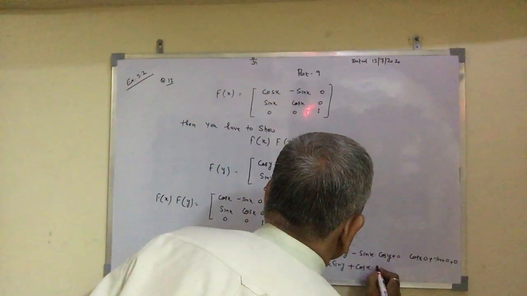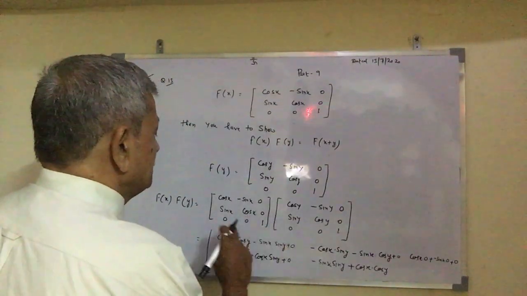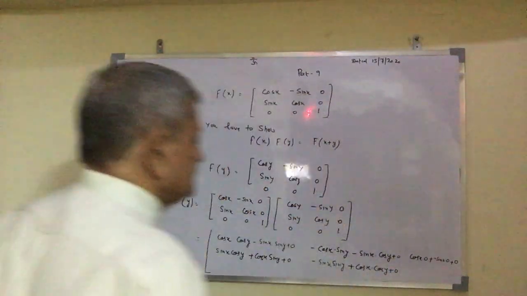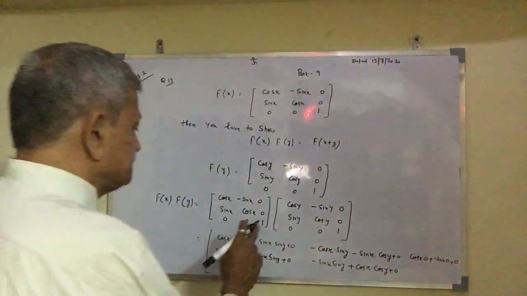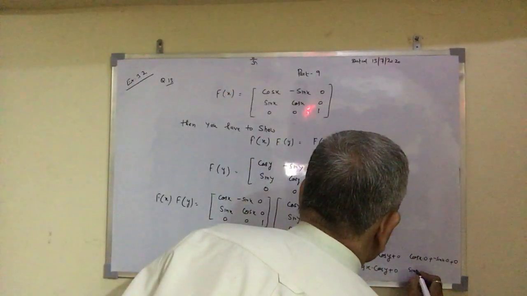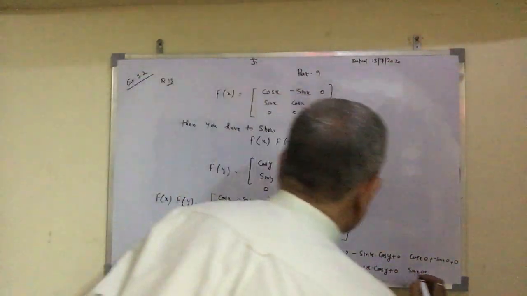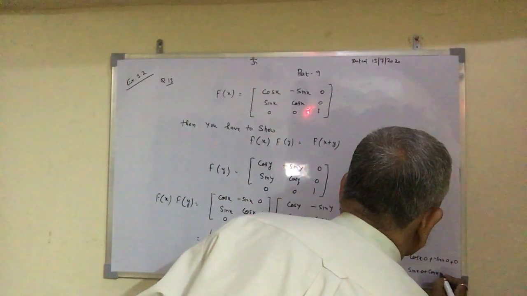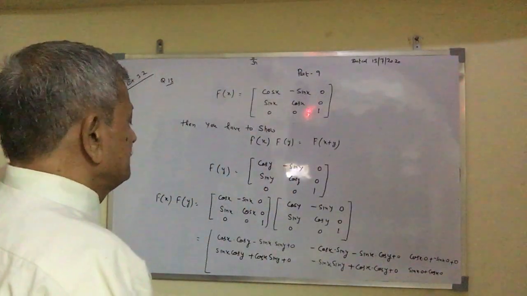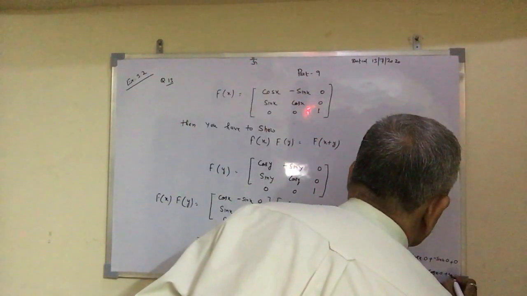Then the third value is 0: sin x into 0 plus cos x into 0, and lastly 0 into 1 is 0.